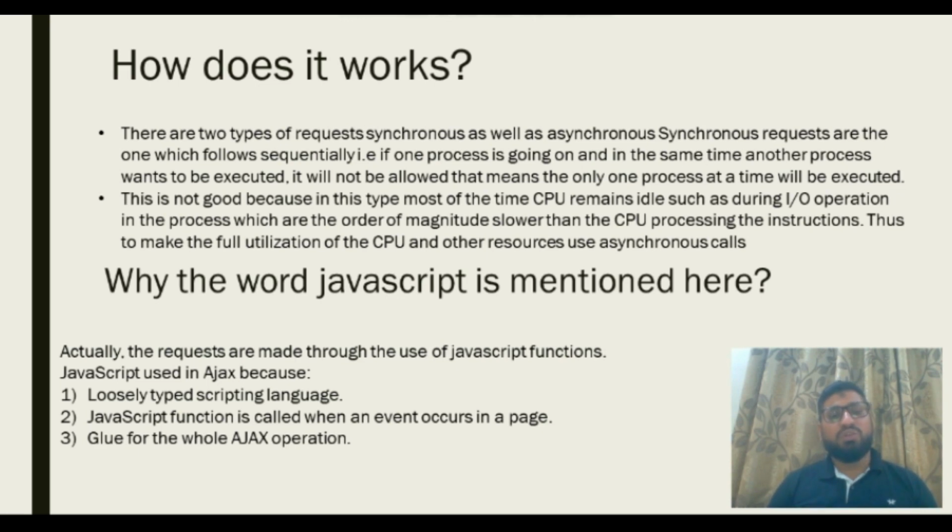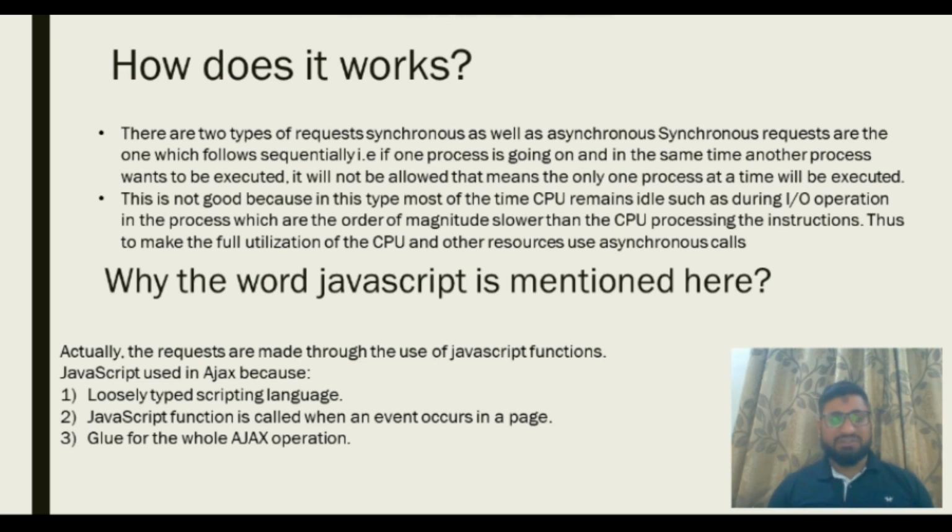Third, it is the glue for the whole AJAX operation. As we have studied, JavaScript provides interactivity and gives good support to different programming languages. Same thing we are doing here.